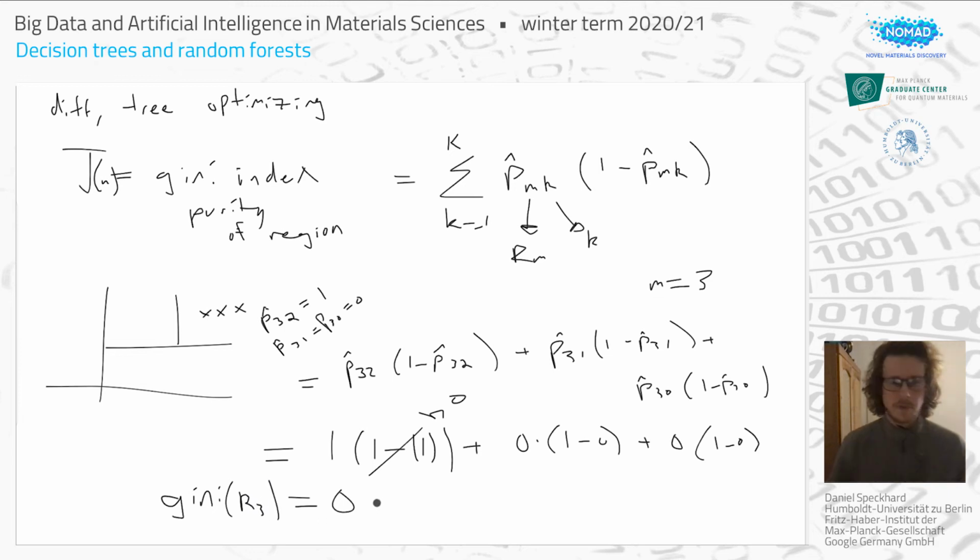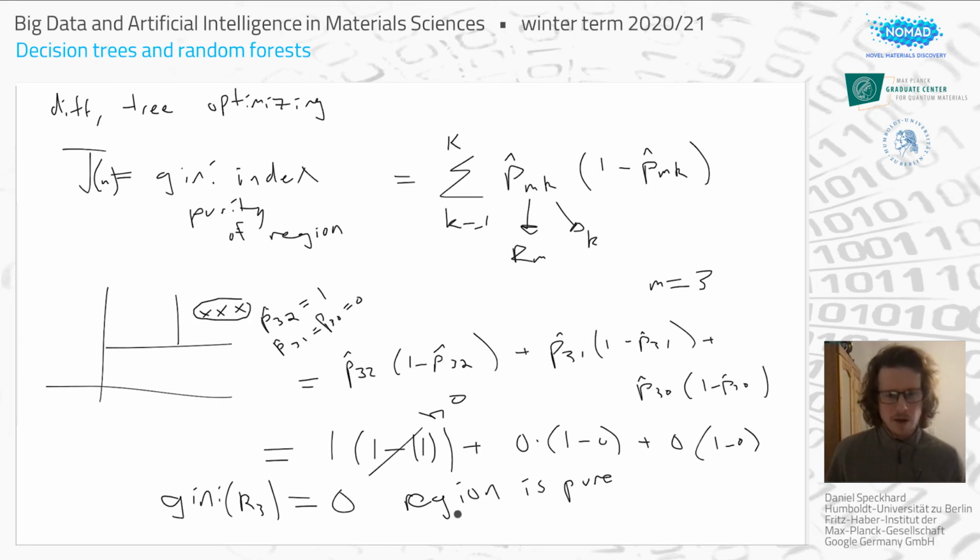And this tells us something. It tells us that our region is pure. It means there's only one type of class label in that region for our training data. That's what we're really going to try and do with these splits.